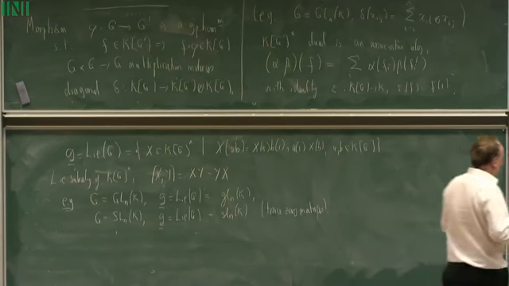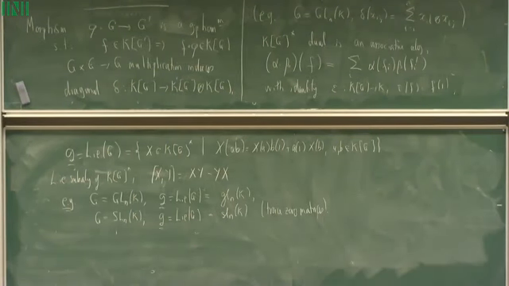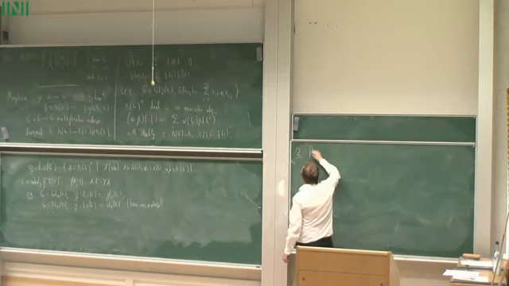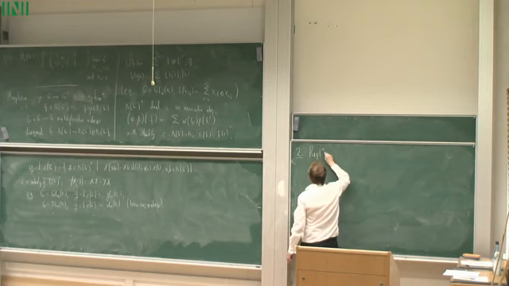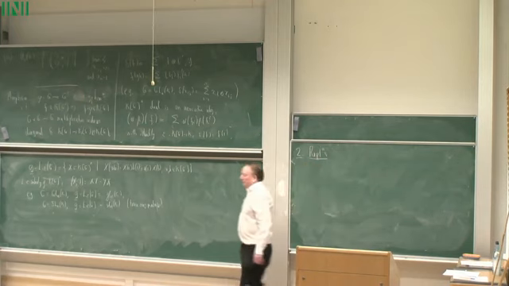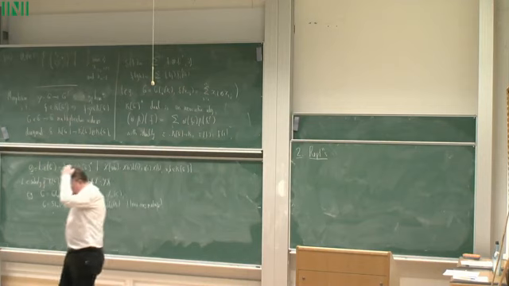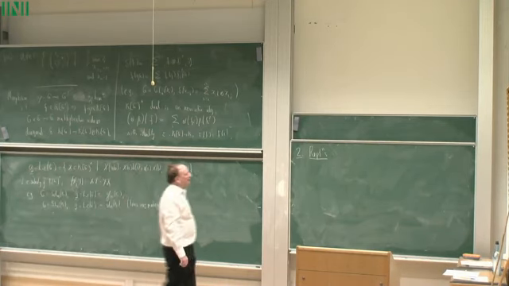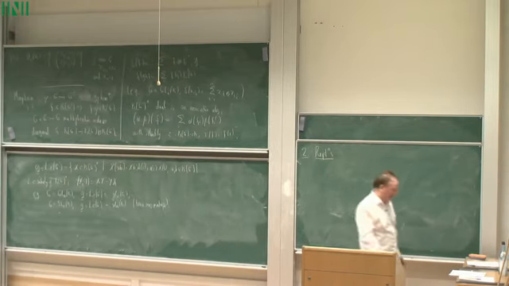So let's move on to representations now. I don't want to consider all representations, but the ones which reflect the structure of G as an algebraic group.